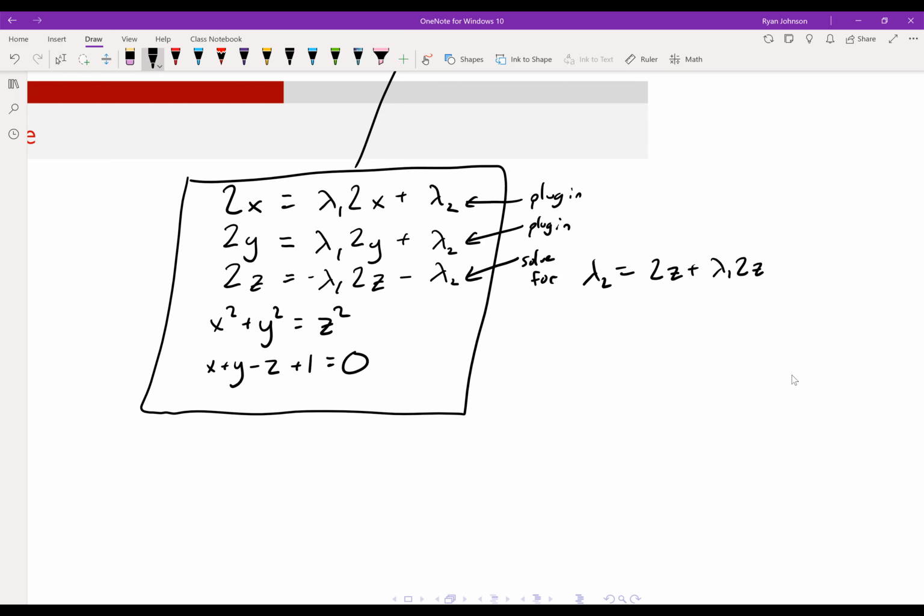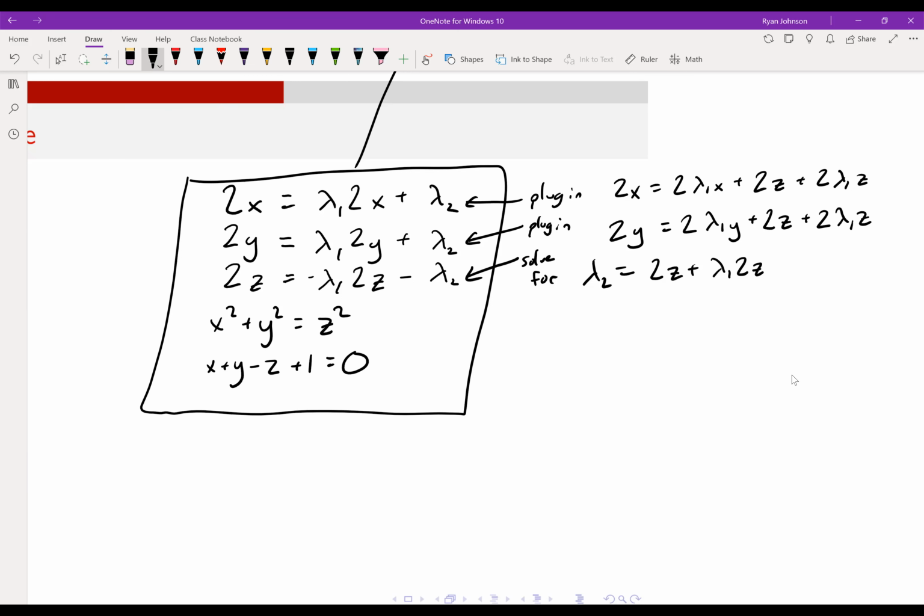So then these two equations become 2x equals 2 times lambda 1 times x plus lambda 2, which is really 2z plus 2 times lambda 1 z, and then 2y equals 2 lambda 1 y plus, plugging in for lambda 2, 2z plus 2 times lambda 1 times z.